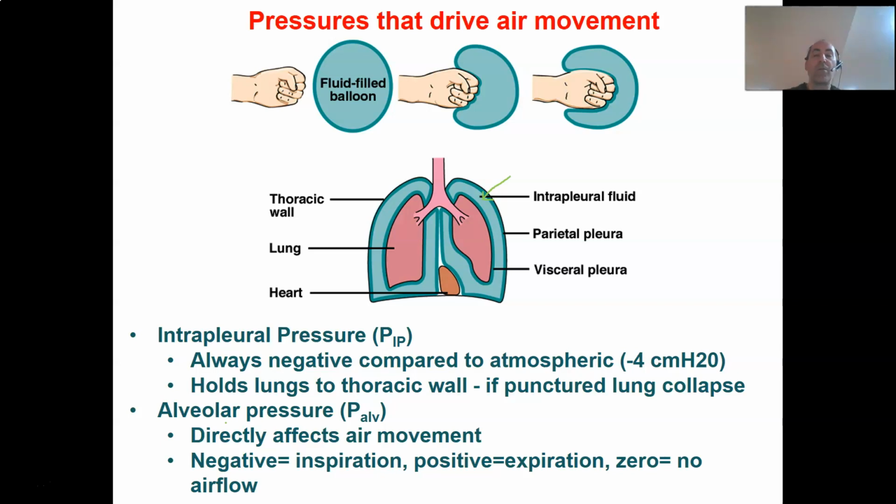So the intrapleural pressure holds the lungs to the thoracic wall. If punctured, the lungs collapse, right? So we already talked about that. Alveolar pressure, P subscript ALV, directly affects air movement. The pressure that drives inspiration and expiration is alveolar pressure.